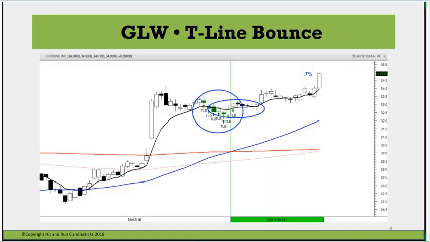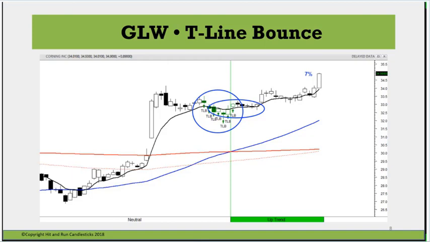Now, one thing I want to let you know is that there's a chart going to be coming up that I'm going to show you that I think is about the coolest thing since sliced bread. And it's because of these chart patterns. And that slide will come up, and I'll definitely show it to you.